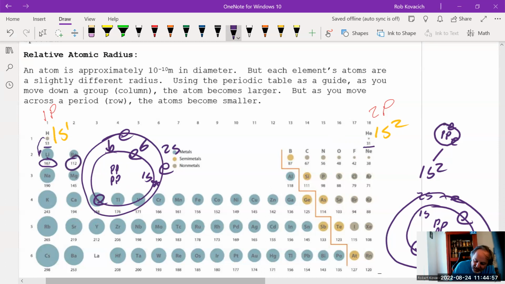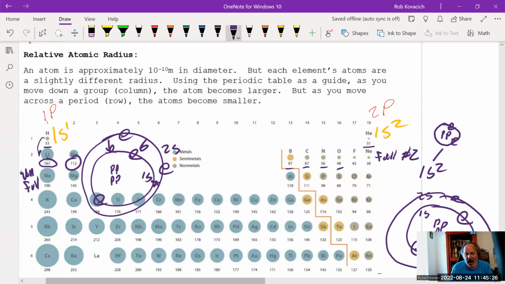So as I move across the periodic table, the atoms get smaller and smaller and smaller because I keep putting electrons in the same energy level, which is the same distance from the nucleus, but the nucleus keeps tugging them in more and more, because it becomes more and more powerful. But then every time I fill up, so this is a full number 2 energy level, now I've got an electron over on this side, it's unfull.